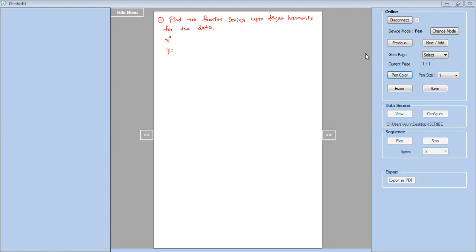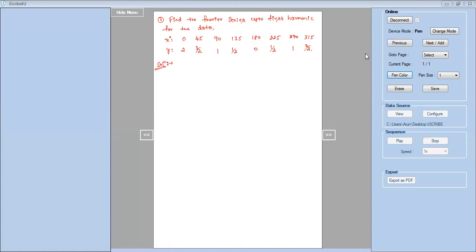X values are 0, y is 2, then when x is 45, y is 3 by 2, then 90, this is 1, 135, 1 by 2, 180 is 0, 225, it is 1 by 2, 270, it is 1, and 315, it is 3 by 2. So this is the given data here.